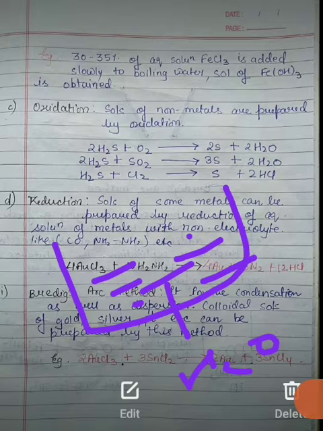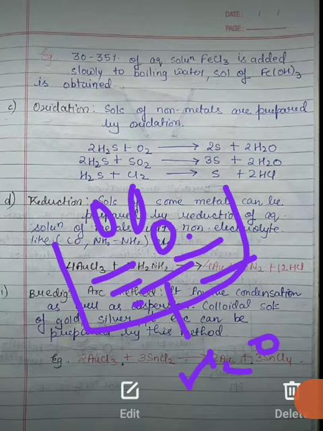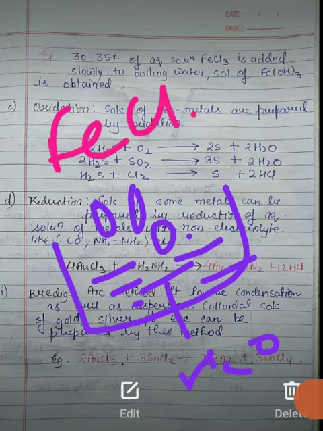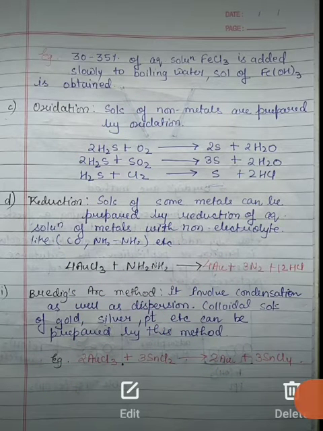When we are adding this FeCl3 solution, after some time the sol of Fe(OH)3 is obtained, that is ferric hydroxide. So this is about the hydrolysis process.